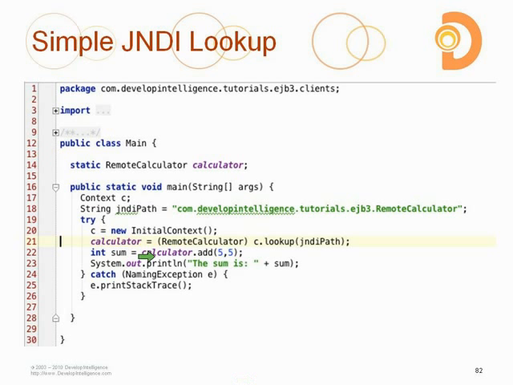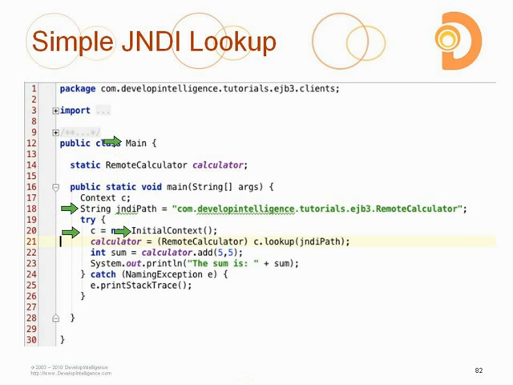Anyway, I go ahead and I define my JNDI path. I go ahead and define my initial context. You'll notice that this application is a standalone Java application. That means by default Java SE does not provide default values for the initial context. So that means in this particular example, I probably have a JNDI.properties file in the class path, or I'm relying on a jar that contains a JNDI.properties file.